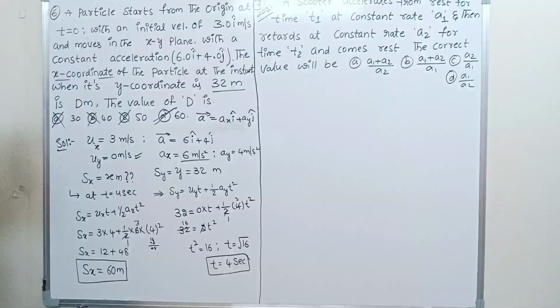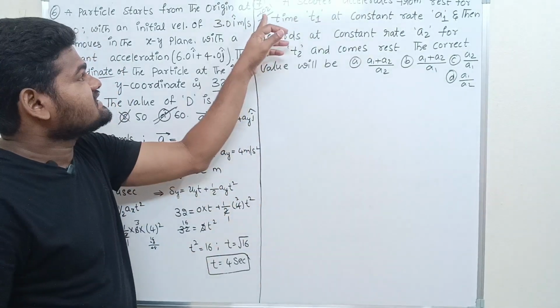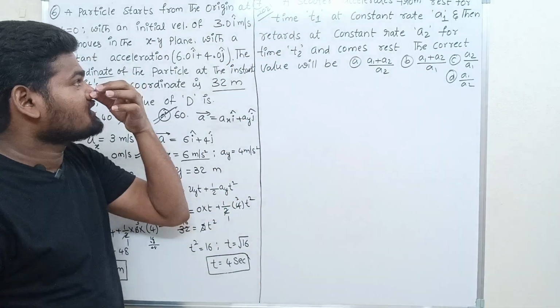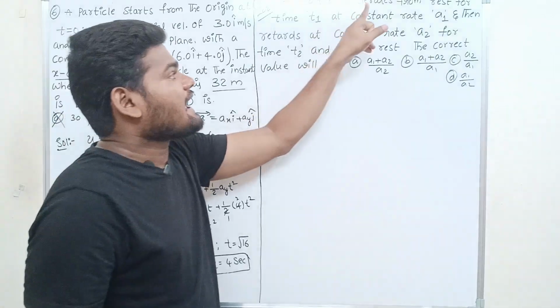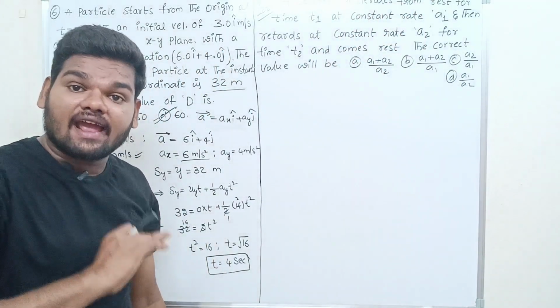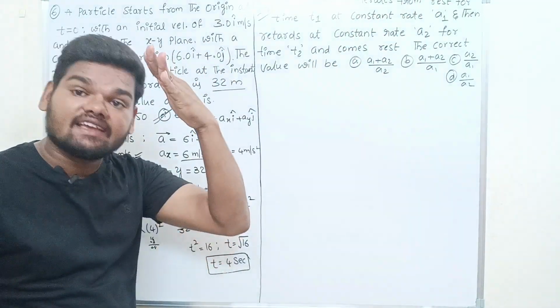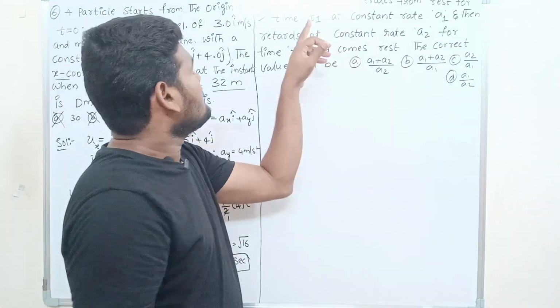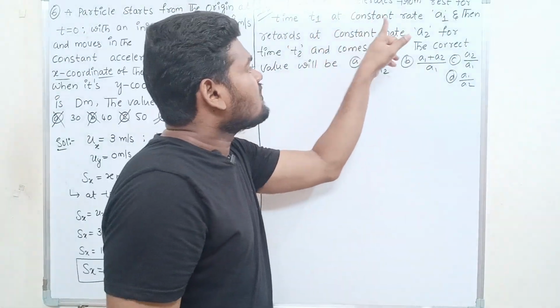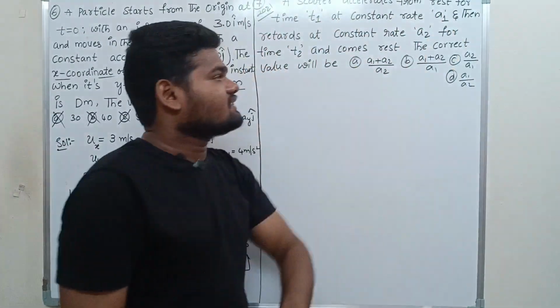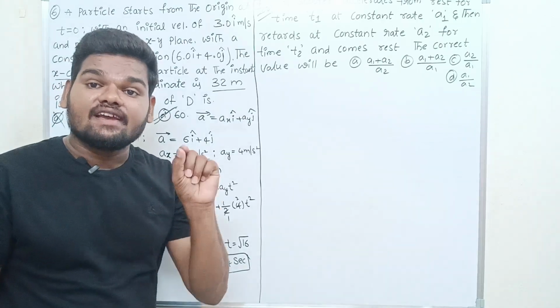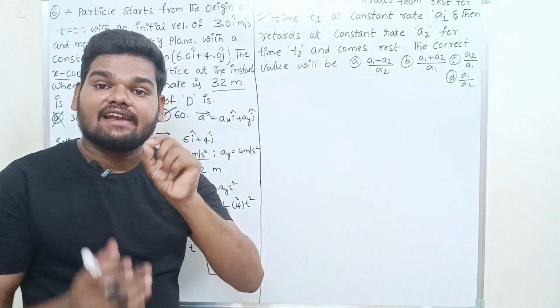Simple problem. Okay. Right. So have a look. This is a JEE Mains 2021 question. What is given? A scooter accelerates from rest. A scooter accelerates, that means its velocity increases from rest, for the time t1 at a constant rate a1. That means acceleration of the particle initially is constant.